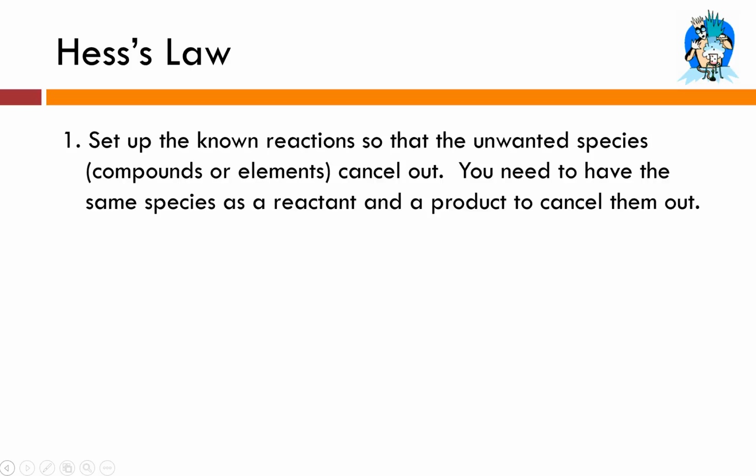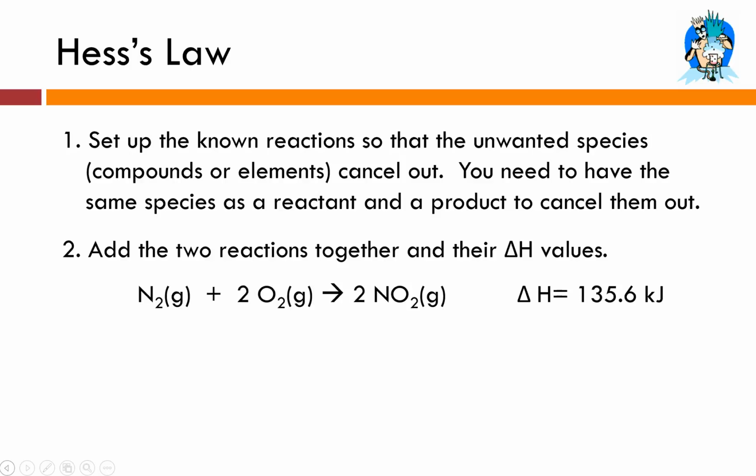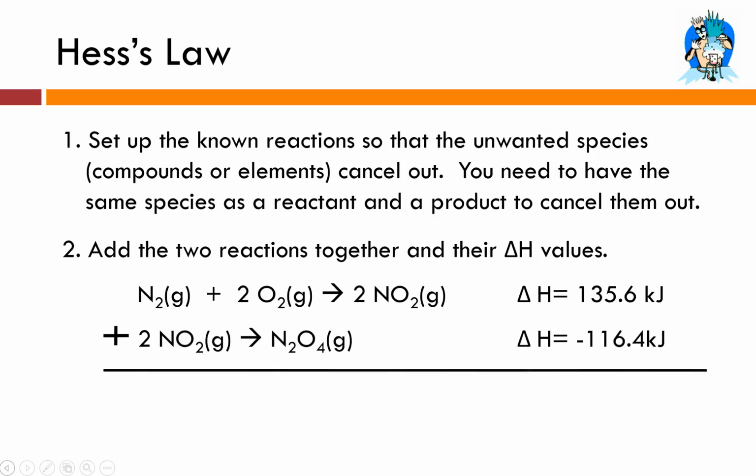So what you want to do, as with the last problem, is to try to set up your known or given reactions so that the unwanted species, whether they're compounds or elements, cancel out. You have to have the same species as a reactant and a product to cancel them, and you add the two reactions together and get their delta H values. So I have the synthesis of nitrogen dioxide, and I've got nitrogen dioxide, two of them joining together to form dinitrogen tetroxide.